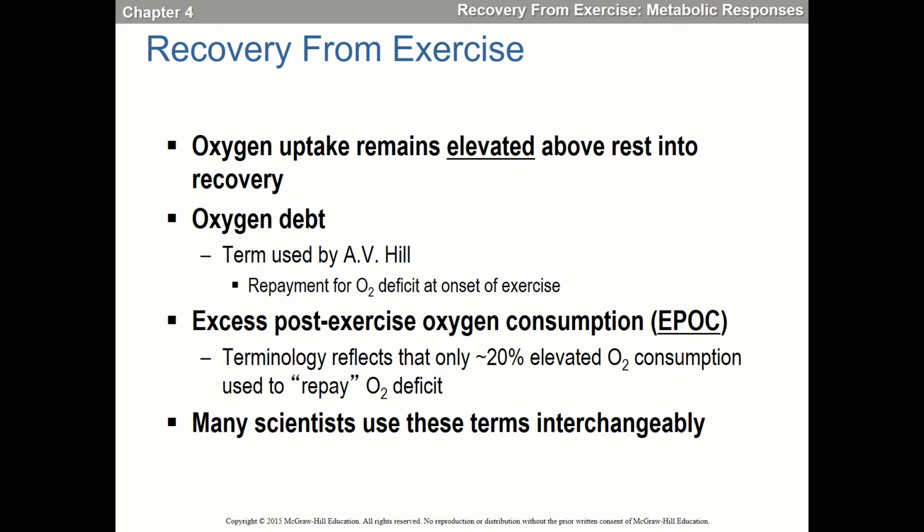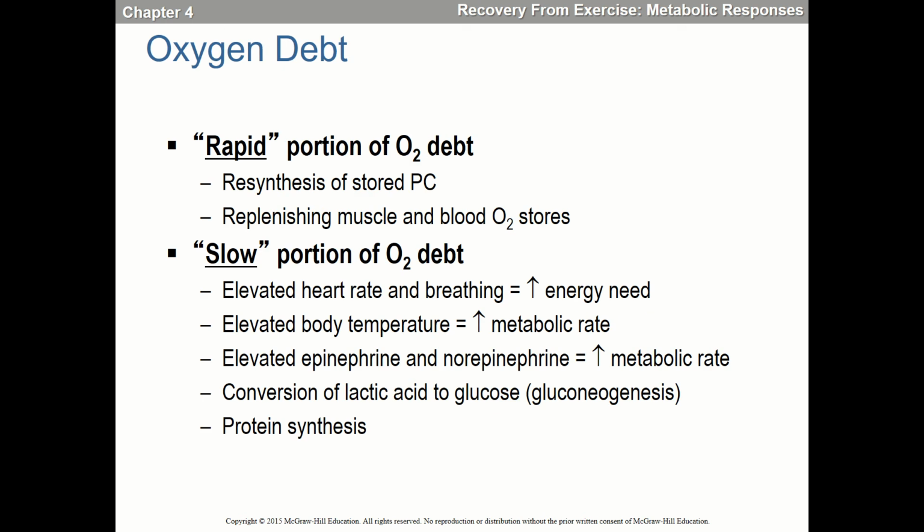And I would know this percentage right here: of the amount of oxygen uptake that we're taking in above normal at the end of exercise, only about 20% of it, and I'm going to want you to know that number, is actually used to repay that oxygen debt that we got at the beginning of exercise. And we're going to break down EPOC into two components momentarily. Hopefully that will make sense.